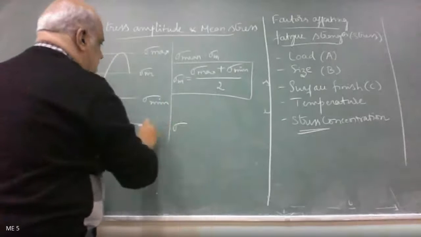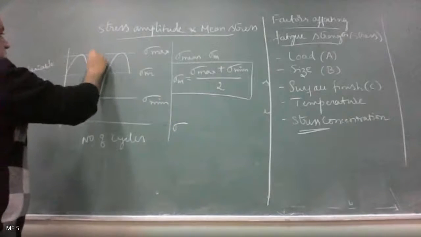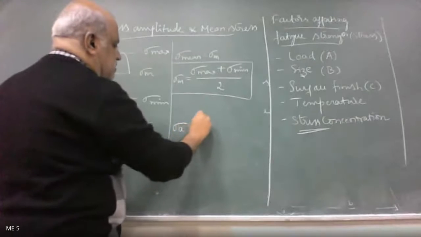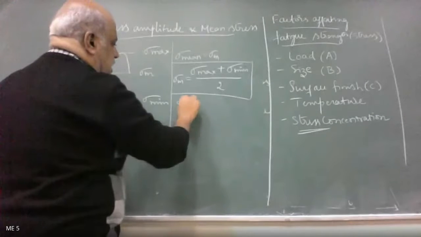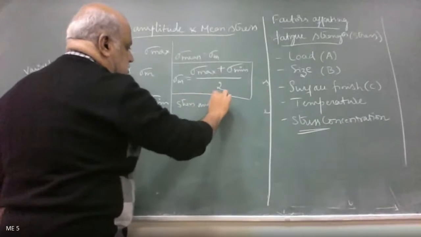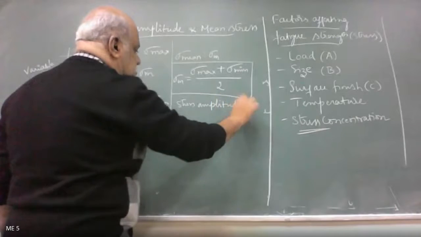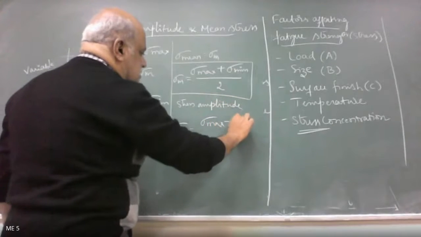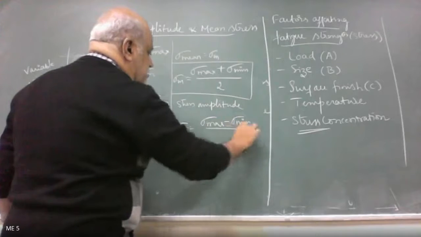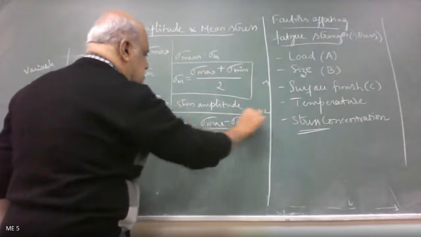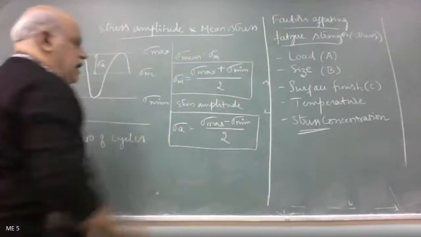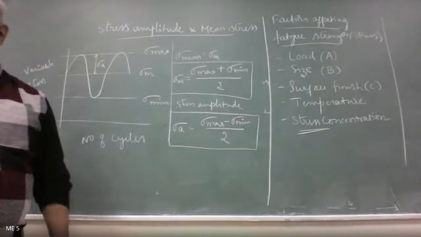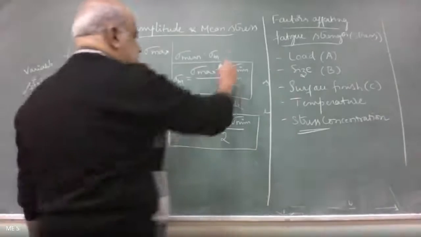And this is the stress amplitude, sigma A. Stress amplitude sigma A is given by sigma max minus sigma minimum divided by 2. This is given by equation number 2.16a.